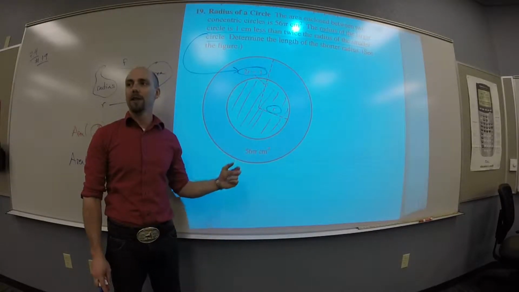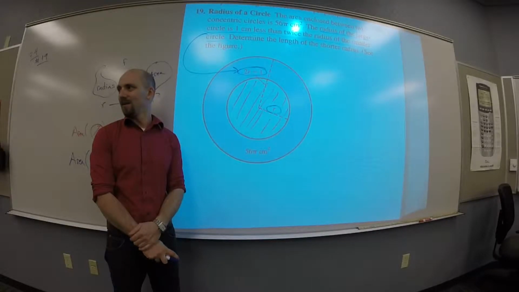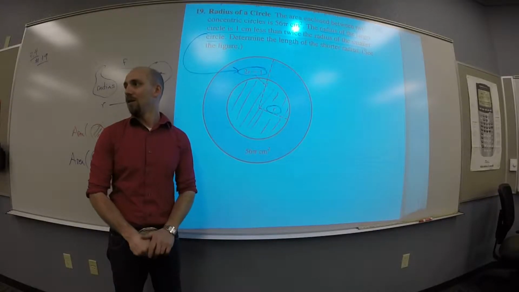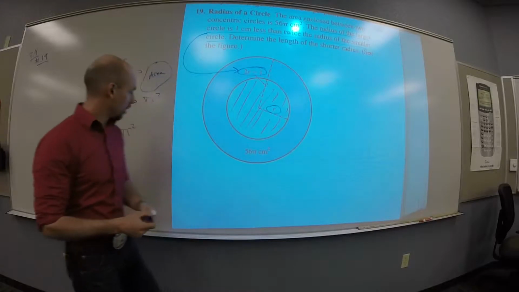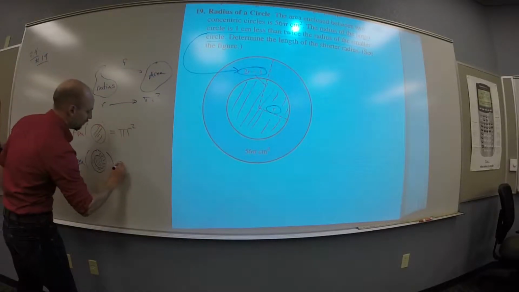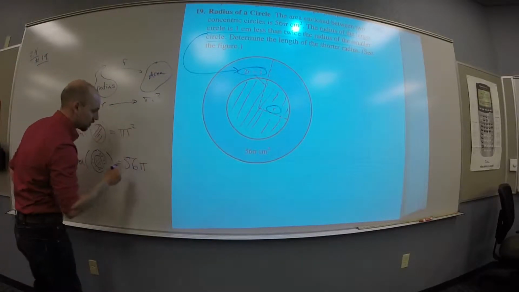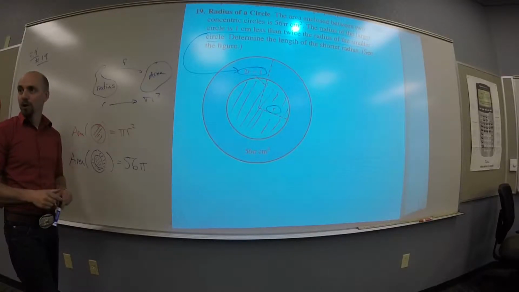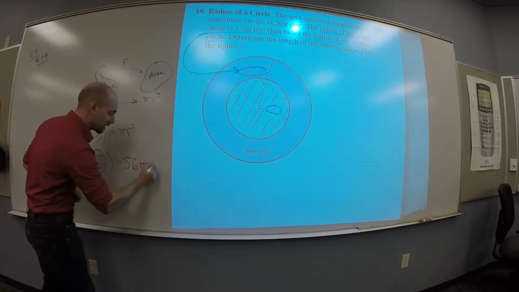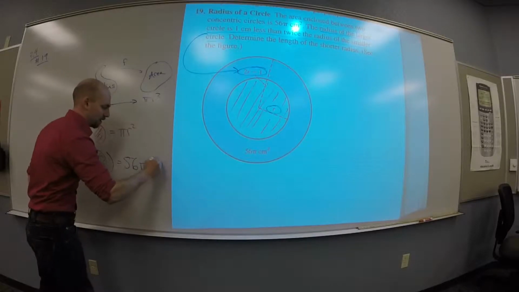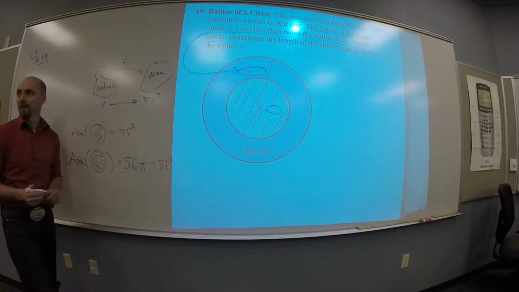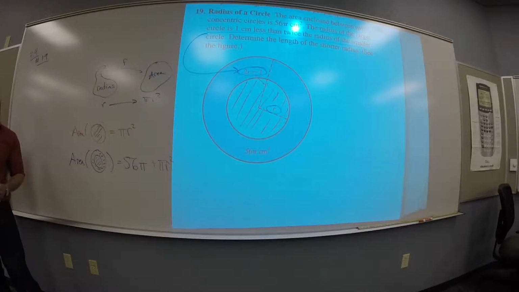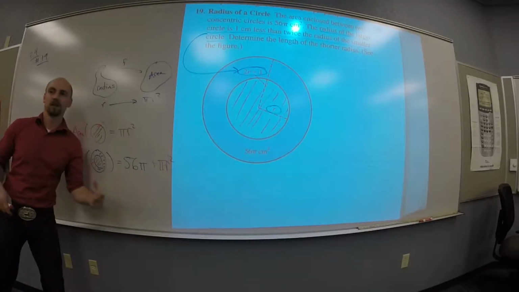What's the area of the whole thing? The blue stuff plus the red stuff, plus pi r squared. You guys see that? Do I know another thing for this?